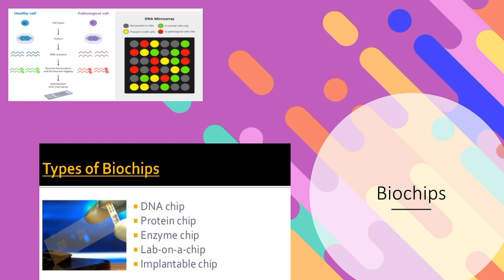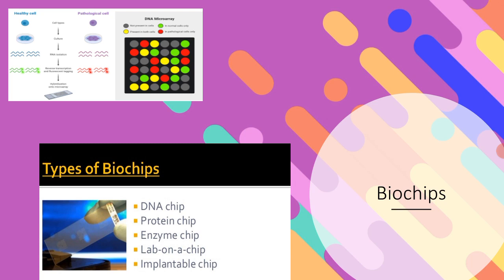The fluorescent molecule that is very specific for that pathological cell will bind to it and create the red color fluorescence, which determines the presence of the pathological cell in the sample. So you can see the red, green and yellow color dots that are present. With the help of this we can also count how many cells are present.